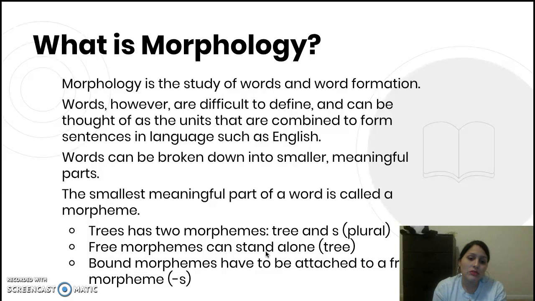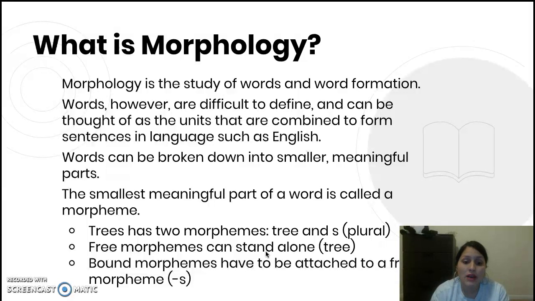The example I'm going to use today is the word trees. The word trees has two morphemes, the word tree and then the S to make it plural. And then we have free morphemes, which are the root words and they can stand alone. So a free morpheme in my example is the root word tree.